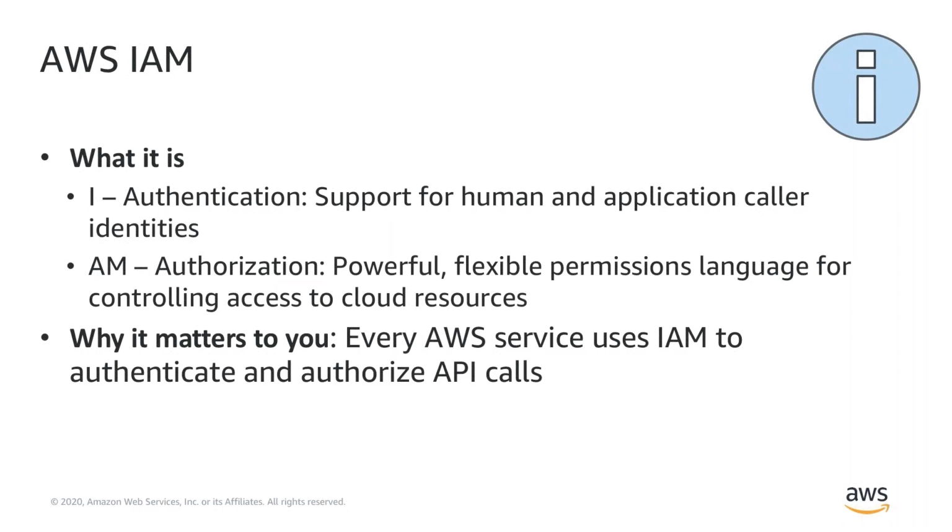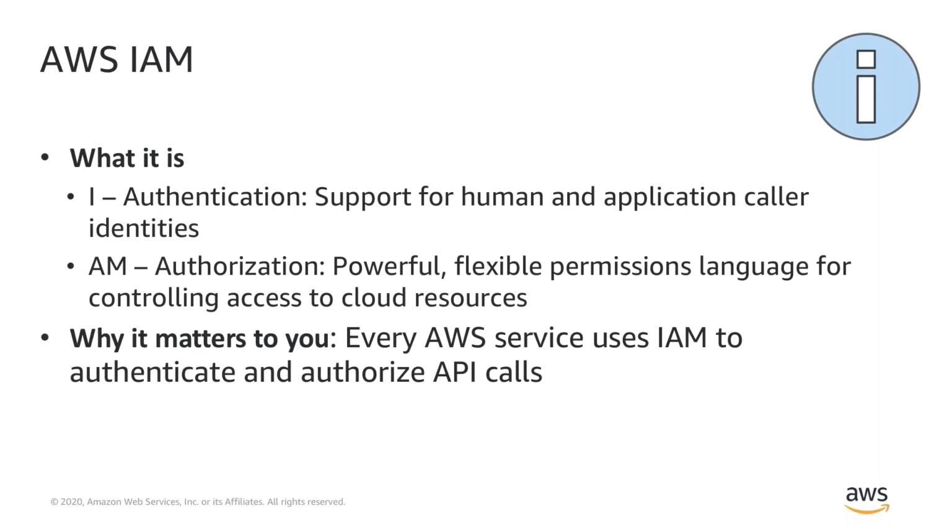The I in IAM stands for identity, the human or application calling the AWS endpoint. We also call this the principal. And the AM stands for Access Management, a powerful, flexible permission language for controlling access.